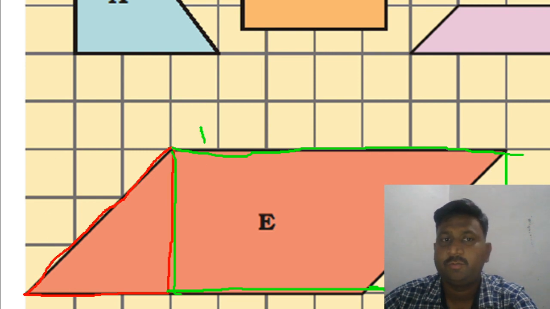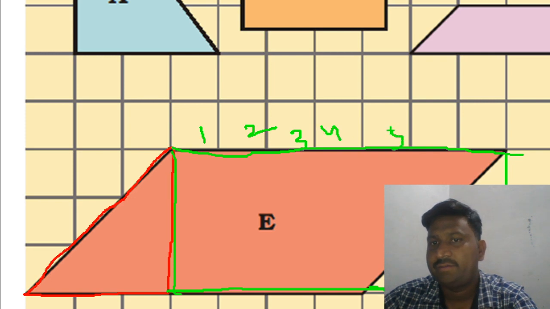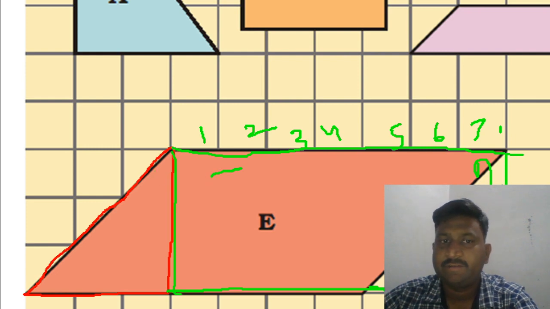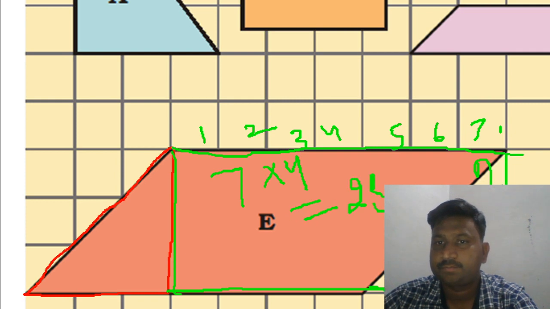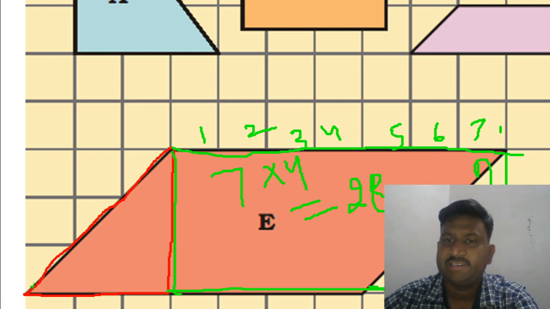So now I know 1, 2, 3, 4, 5, 6, 7, 1, 2, 3, 4. So 7 into 4, that is 28 square centimeter.